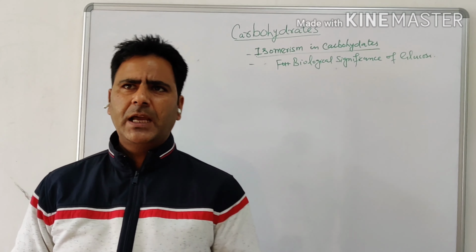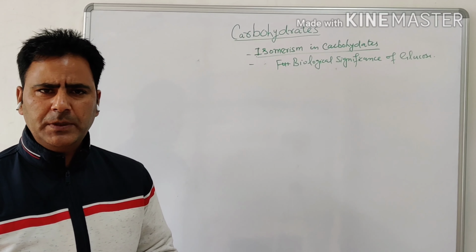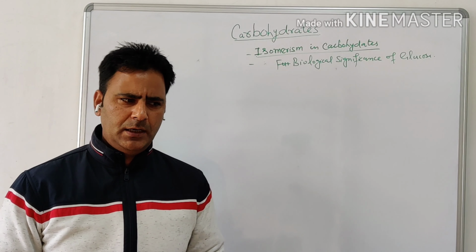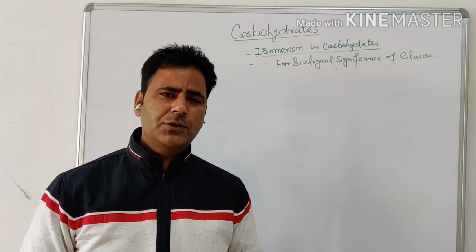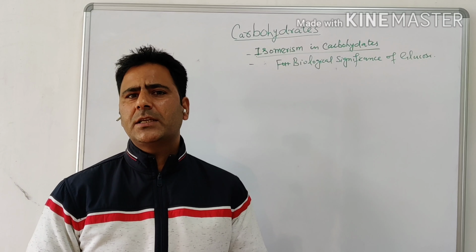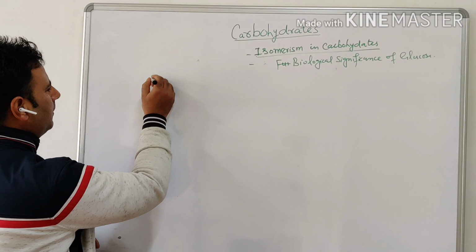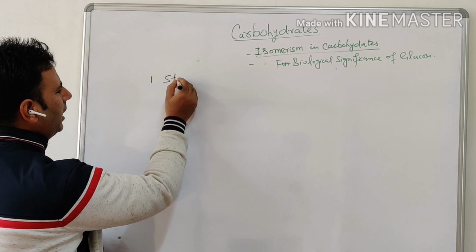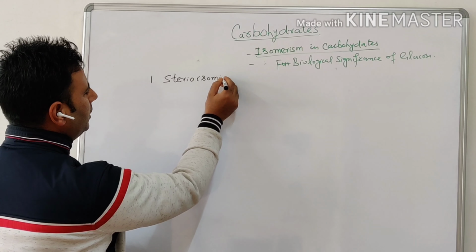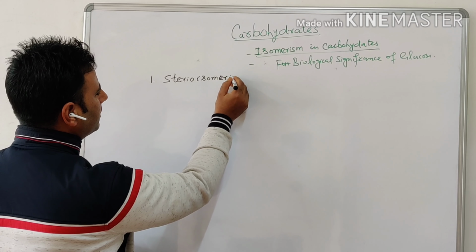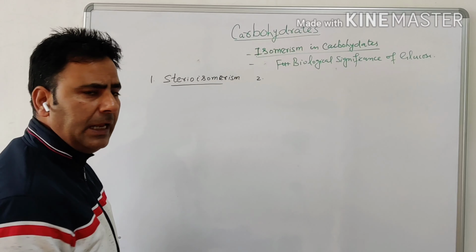The first thing is isomerism. Probably I have shown you one part of isomerism in my previous lecture, that was enantiomerism. Here we will discuss the various types of isomerism which are possible in the case of glucose. First, these carbohydrates may show stereoisomerism. Second, they may show enantiomerism.